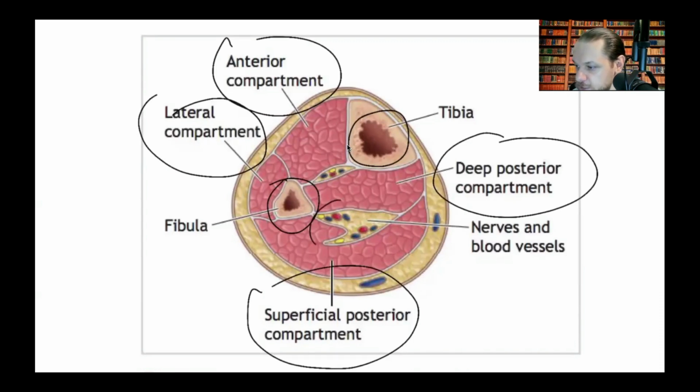In the center here, you notice there is a nerve supply. There are blood vessels such as arterial supply and venous supply. The main thing that you may encounter in patients who may have fractures to their tibia and fibula, or a crush injury, is the development of the compartment syndrome.